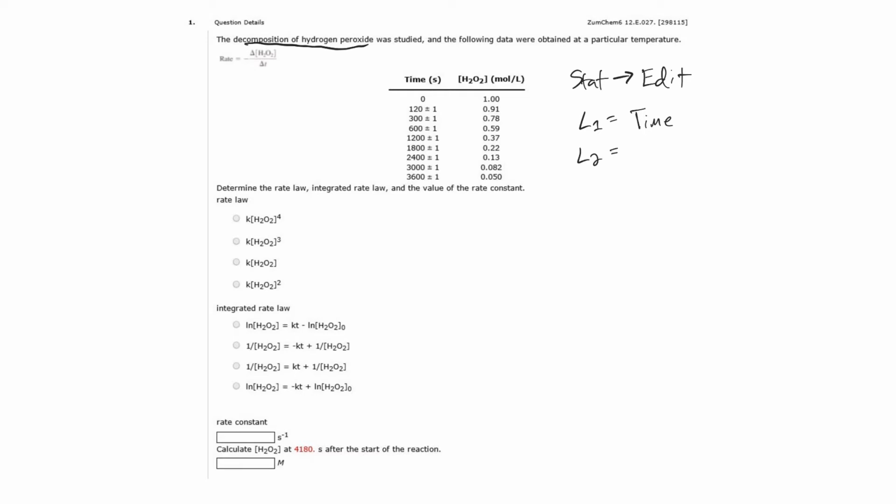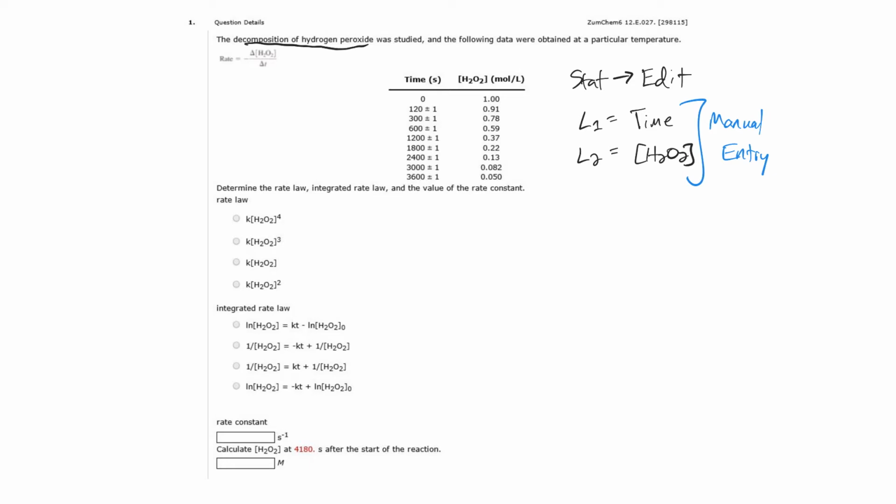In your L2 column type in all of the concentrations. This much is manual entry, so you have to actually type in the list. It won't take too long, but go ahead and enter L1 all the times, L2 all of the concentrations.